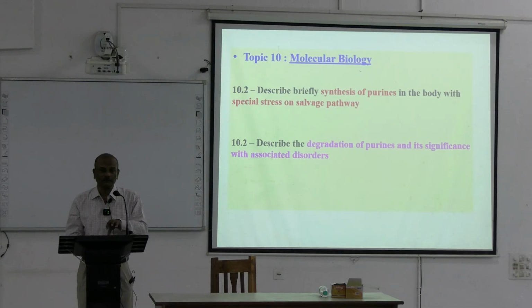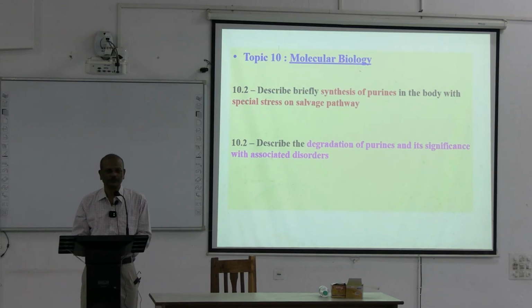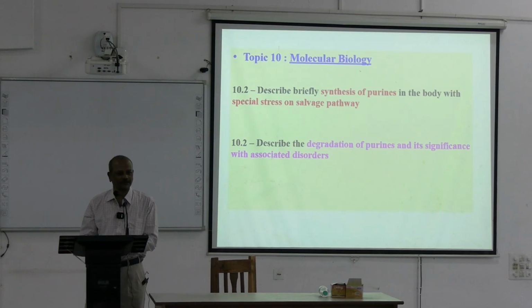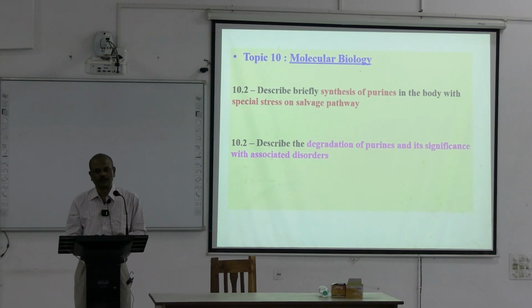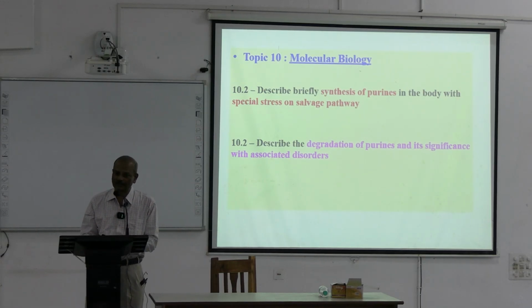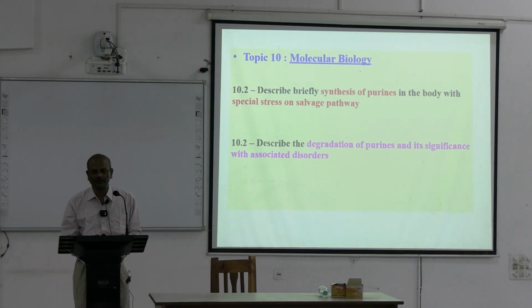But some part of the purines are required in the cytosol, and the rest of the purine molecules are used for DNA and RNA synthesis. So they need to be transported to the nucleus or to the mitochondria, because mitochondria has DNA and a protein synthetic machinery, the same as the nucleus.